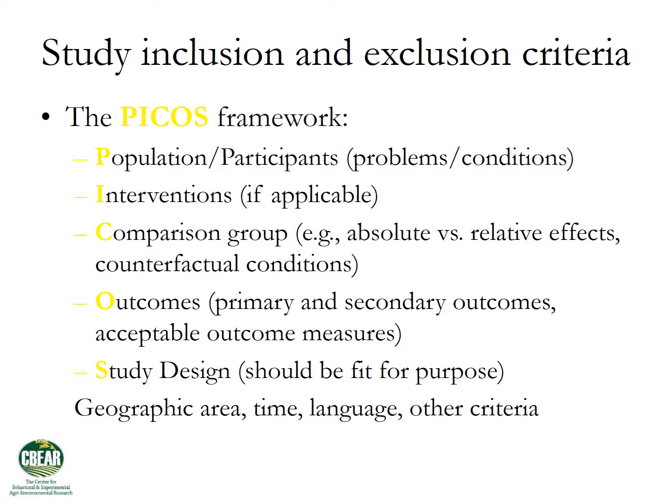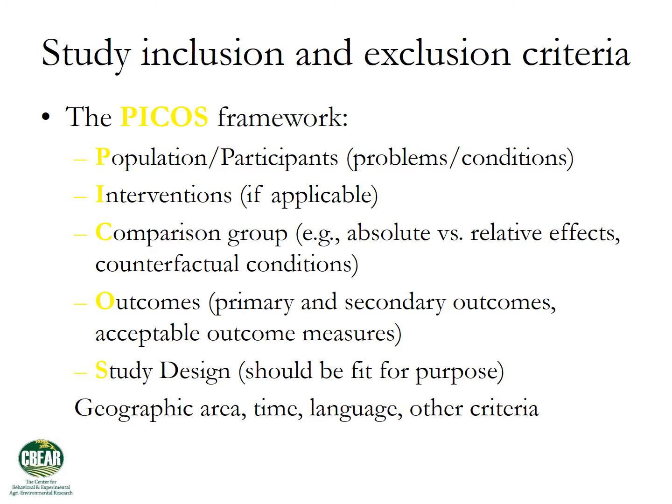You focus exactly on what's allowable as a comparison group, right? What's going to be the counterfactual? Is it no program at all? Is it going to be a different kind of program, a different kind of intervention? You outline exactly what outcomes you're going to be looking at, and which ones are primary or secondary, and you're going to outline what study designs are includable.